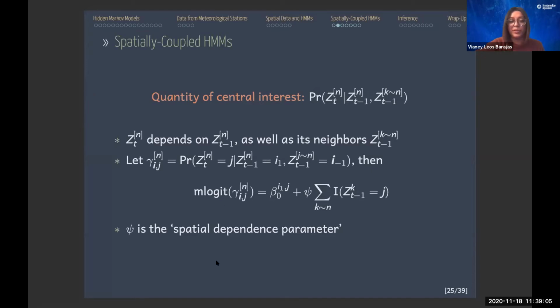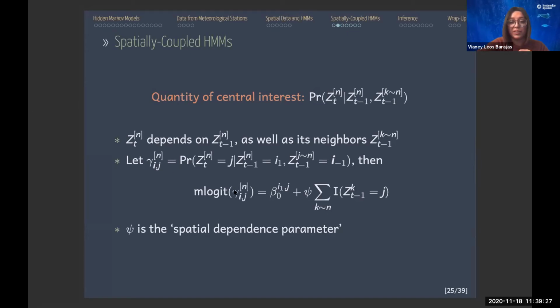What we're doing is essentially incorporating an indicator function to count the number of states that are neighbors to the location of interest that are equal to the state that we're transitioning into.